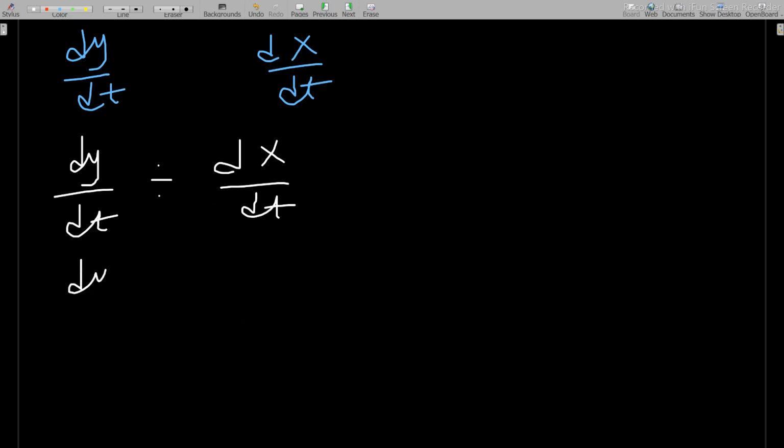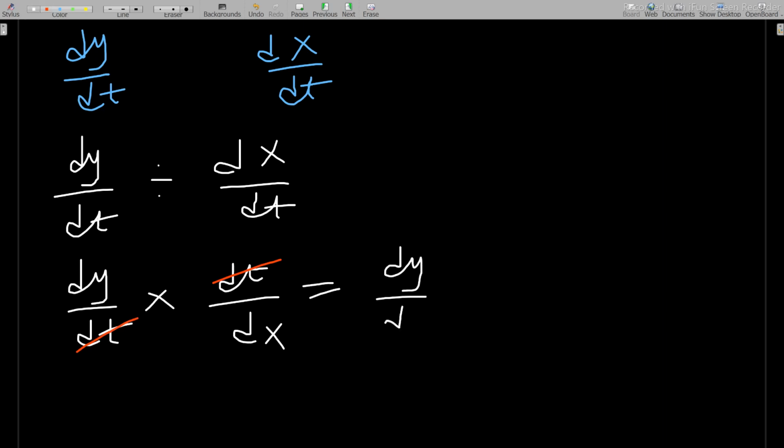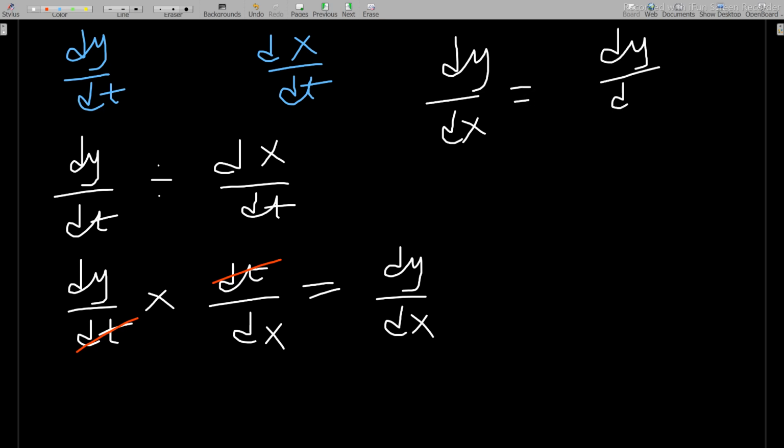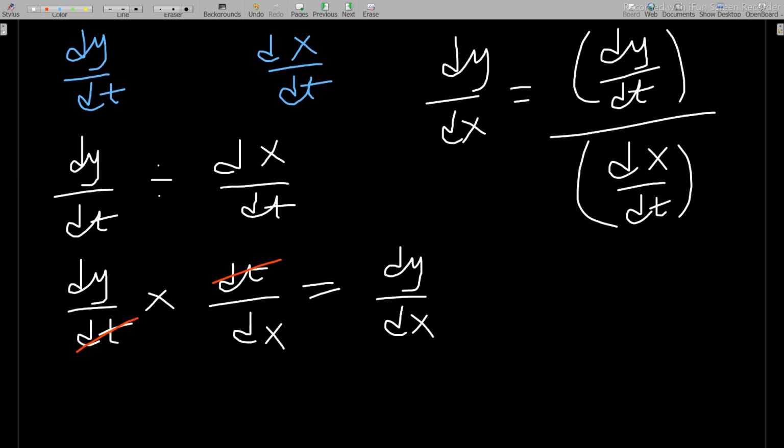We treat this as a fraction, so this is the same as dy/dt times dt/dx. The dt can take this dt out and we'll be left with dy/dx. So dy/dx is equal to dy/dt divided by dx/dt, because that's the only option that will give us dy/dx.